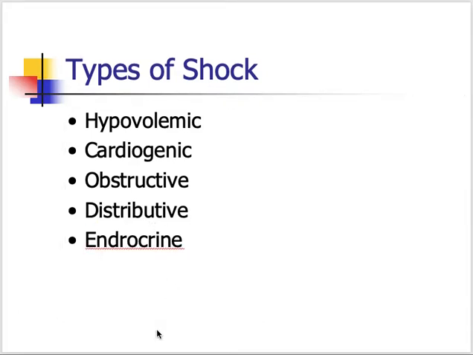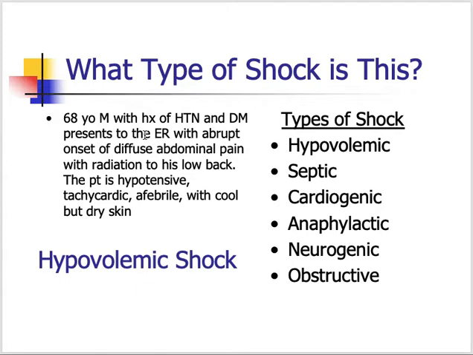So now hypovolemic shock, again, it's quite simple to understand. What is hypovolemic shock? Whenever someone loses a lot of fluids or blood, the circulating volume, in other words, it is called hypovolemia.